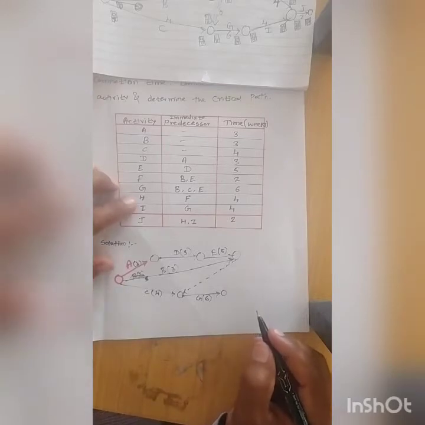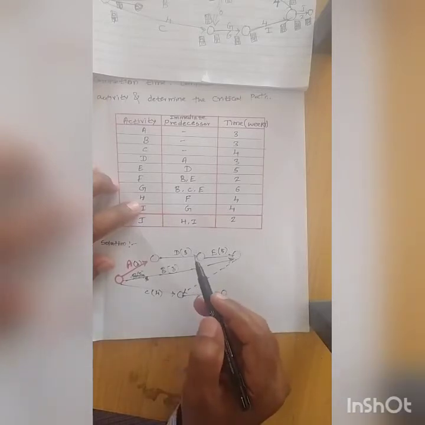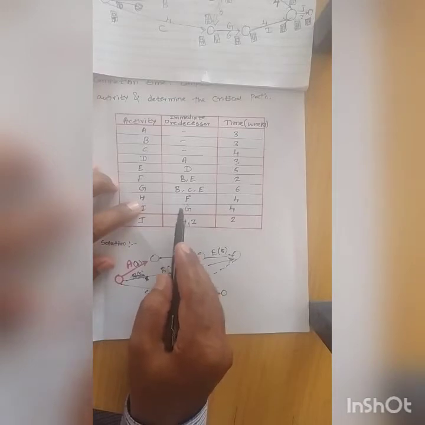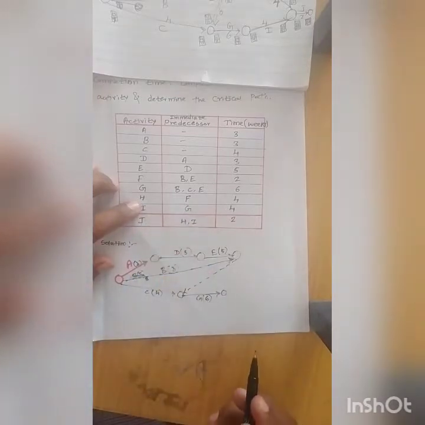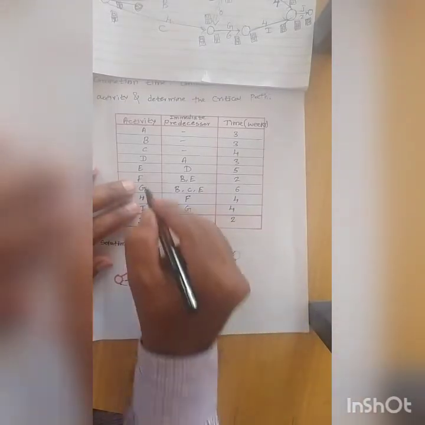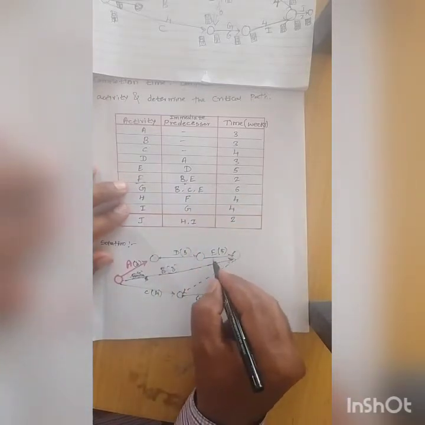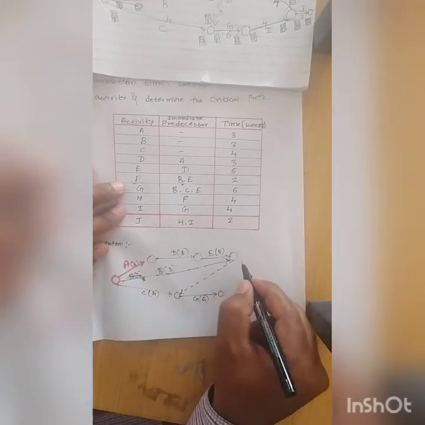Next, activity H, the predecessor is F. Where is F? Activity F, the predecessors are B and E. Hence I have connected B and E activities at one place.